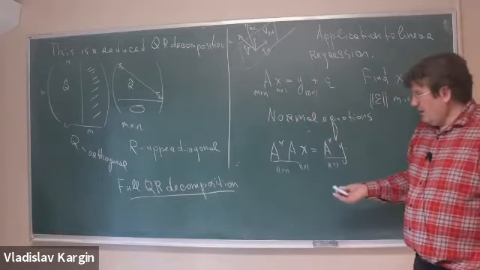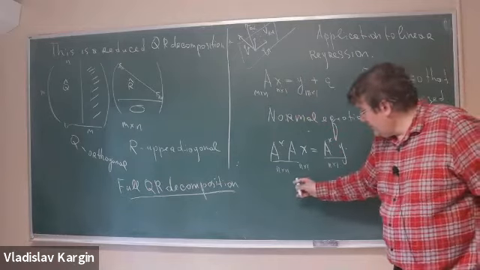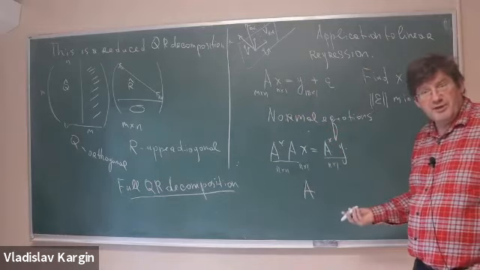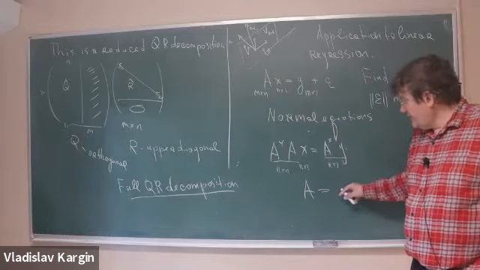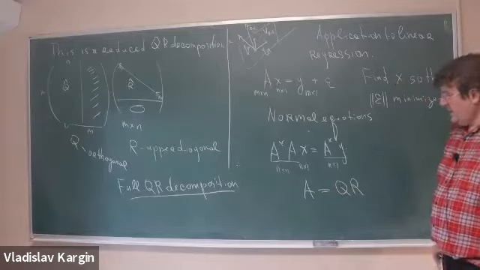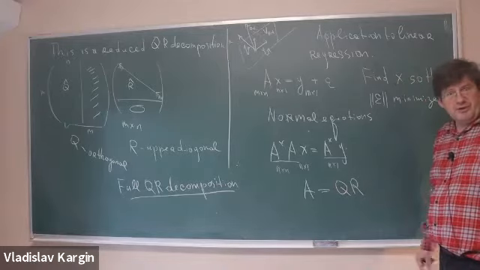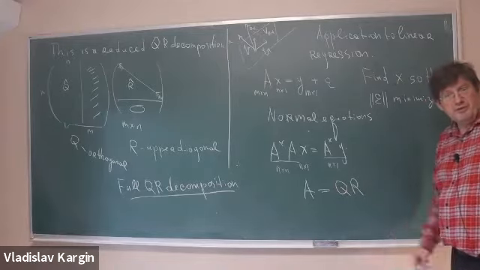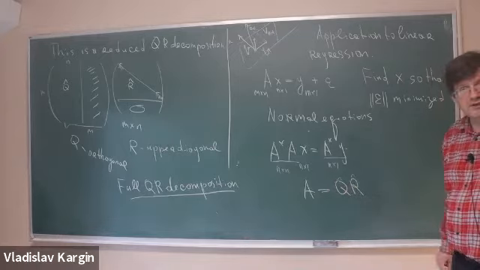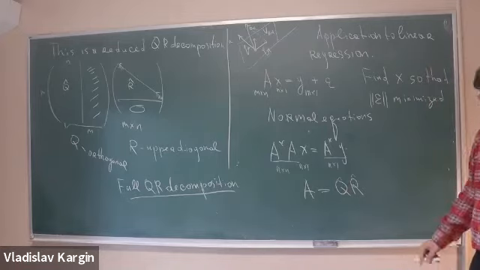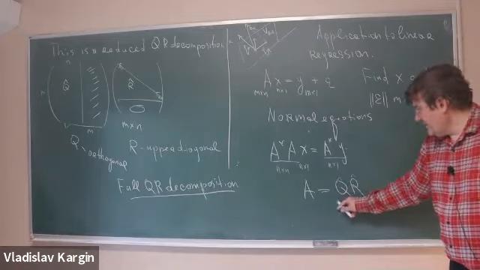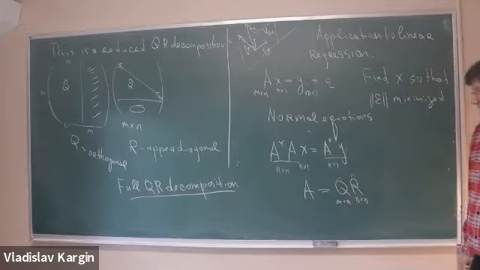Formally, let us compute the QR decomposition for A, so A = QR. It can be the reduced QR decomposition; I don't write it here, but I mean the reduced decomposition. So this is n by n, and this is an m by n matrix.